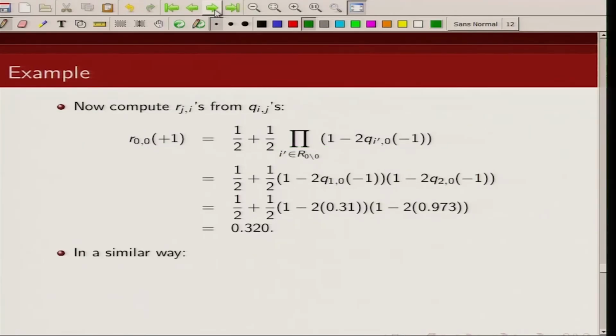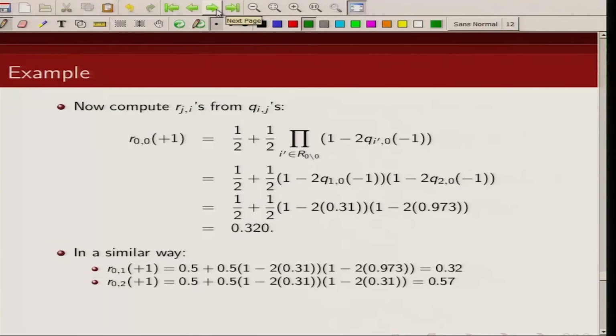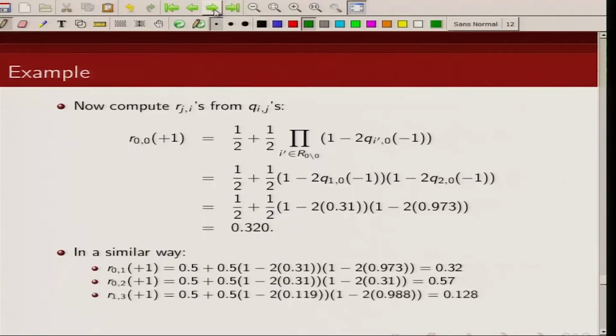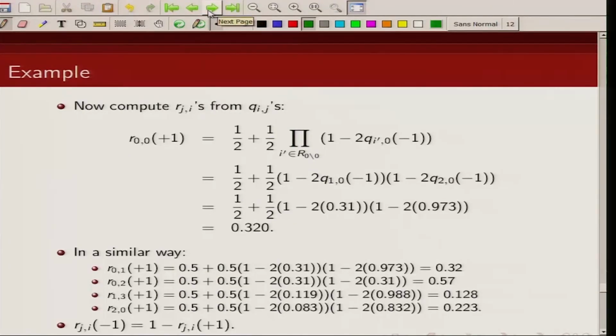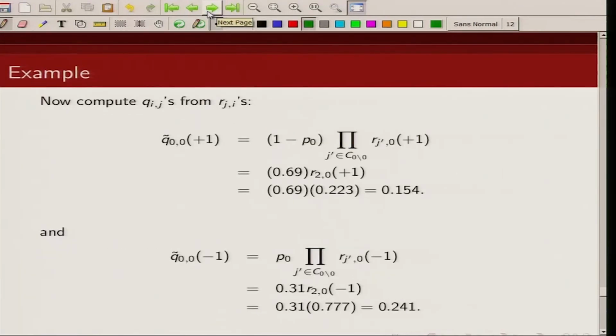And similarly, we can calculate the other Rij's. I am not going into detail of that, it is just the same procedure repeated. So, once we calculate these Rij's and initial Qij's, then we are going to update our Qij's.